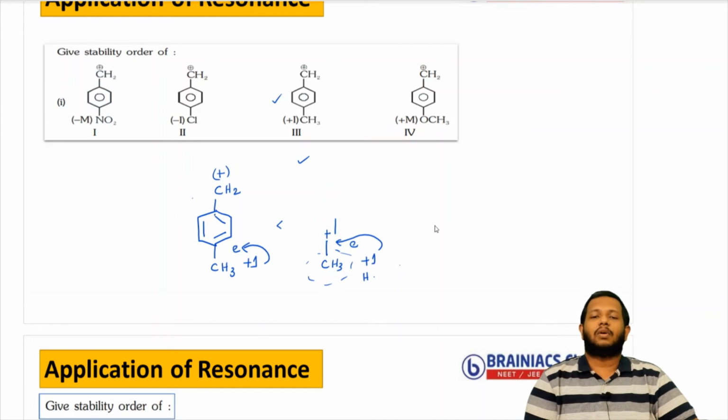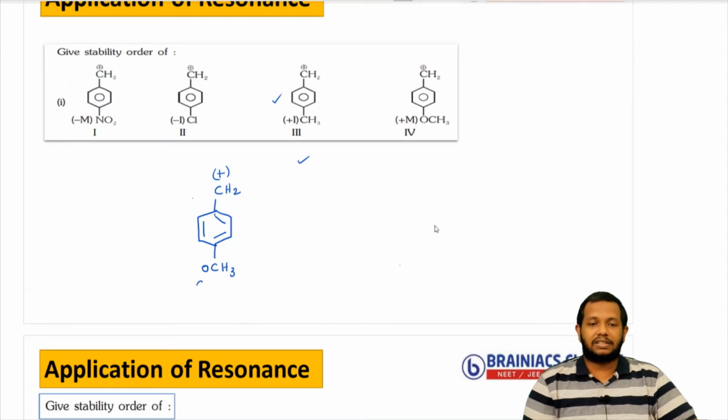Now let's go to the fourth one, very good one. In the fourth one, the only difference is that instead of CH3 you have OCH3. So what is the peculiarity of OCH3? It has plus M effect and slight minus I. So I can say here plus M dominates over minus I. So what is the advantage?